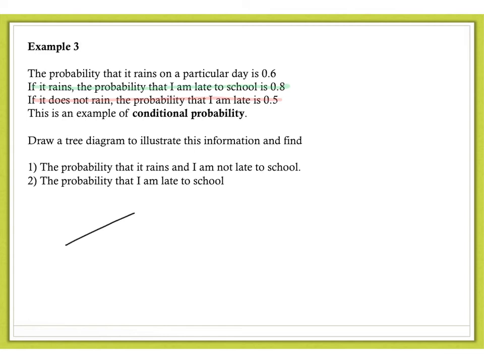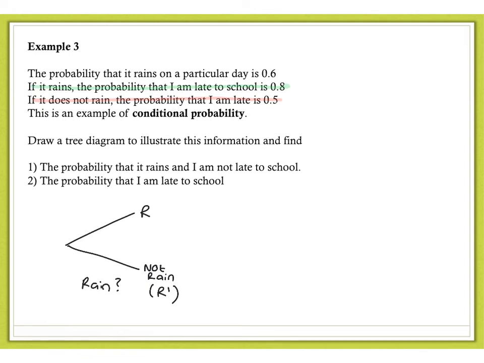So here we have, on our first level of branches, whether or not it rains. So I can write rain, and if I want to, I can write not rain, or you might like to write R dash, which also means it's not raining. It's the complement of raining, which is to not rain.